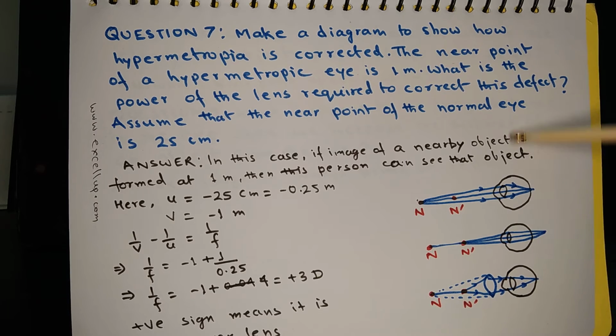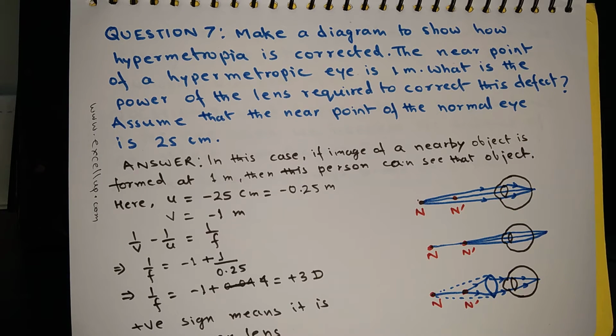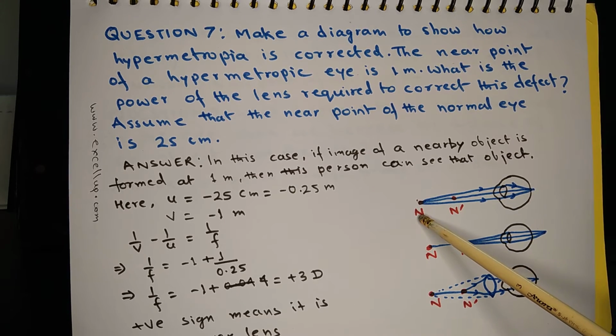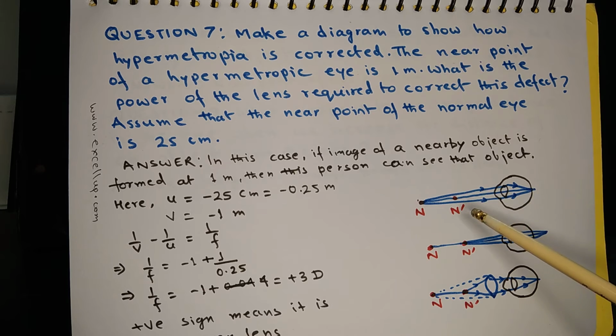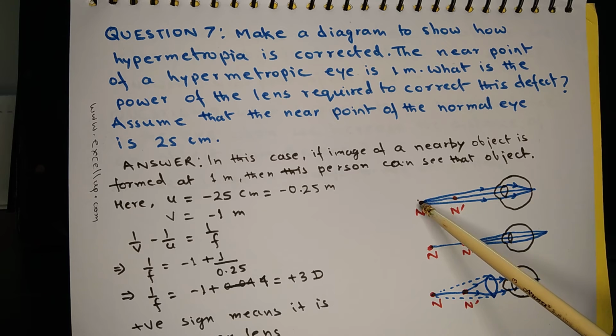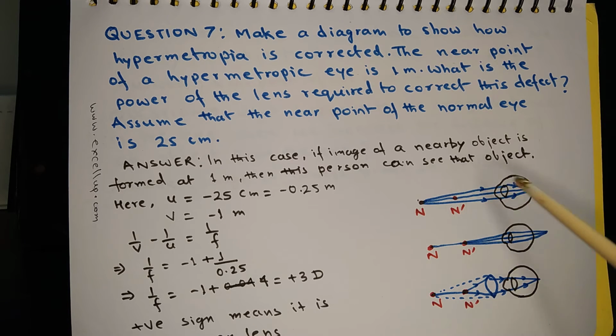So these figures show the defective eyes. In this case, this is the near point of the defective eye and this is the near point of a normal eye. When the object is kept at the near point of the defective eye, the eye lens focuses all the rays of light at the retina, and thus a clear image is formed at the retina.